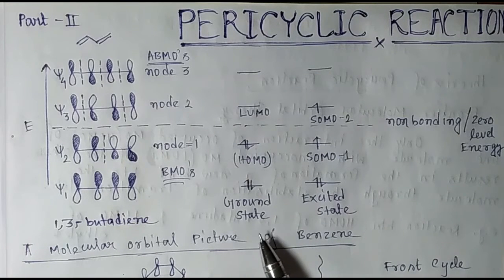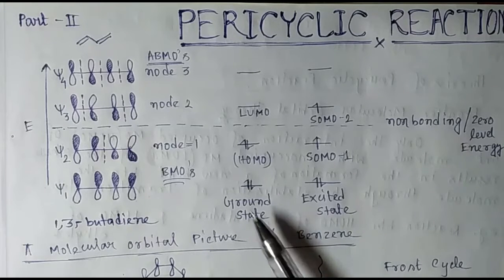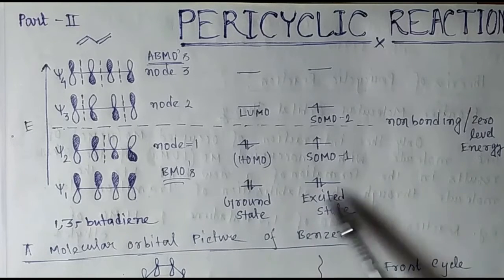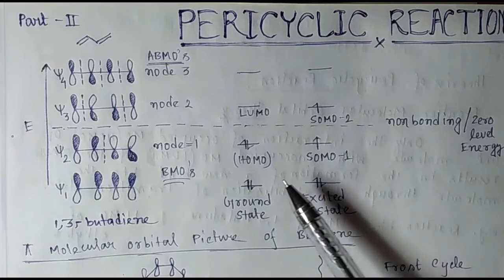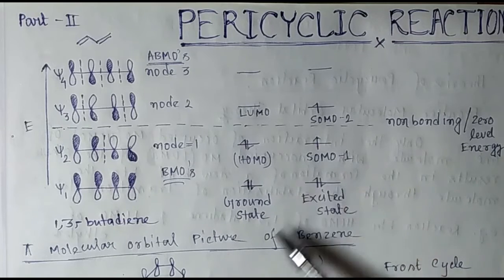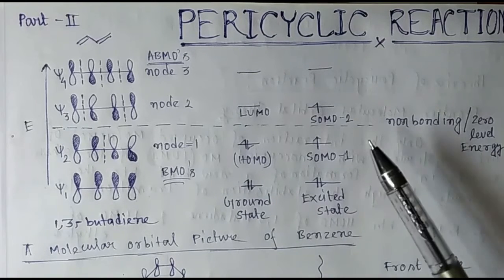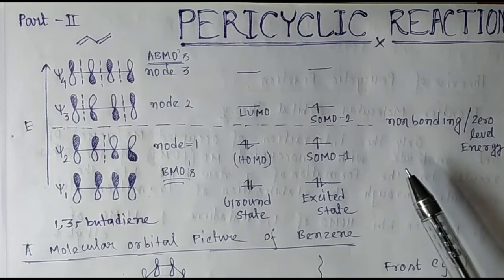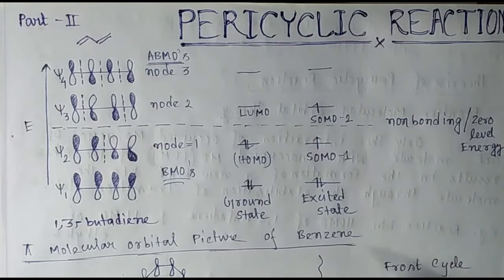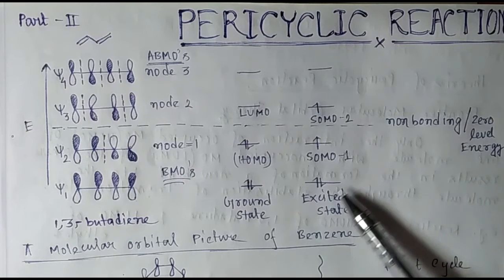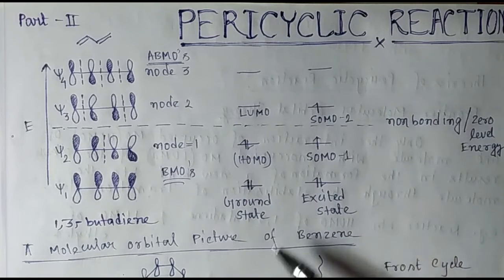I have also told you the electronic configuration of this molecule in the ground state, and what HOMO is, the highest occupied molecular orbital, what LUMO is, the lowest unoccupied molecular orbital, and what SOMO 1 and SOMO 2 are, how they generate in the excited or photochemical condition, and what non-bonding and zero level energy is.